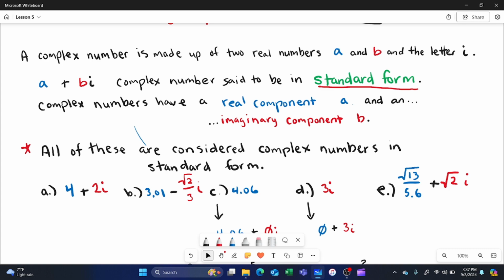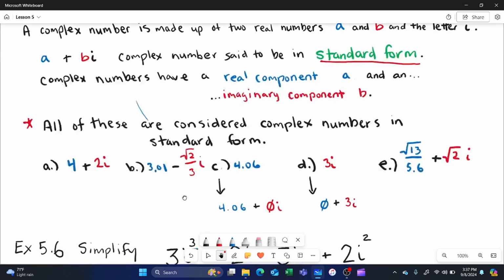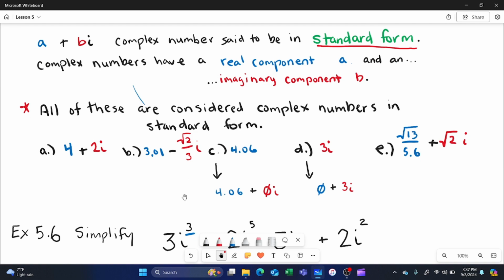Well, they rationalize that by saying it can be imagined as 4.06 plus 0 times i. And then over here on the transverse, you can have 0 plus 3i. So that's your real component, and 3i is going to be your imaginary component. So theoretically, anything can be an imaginary component.